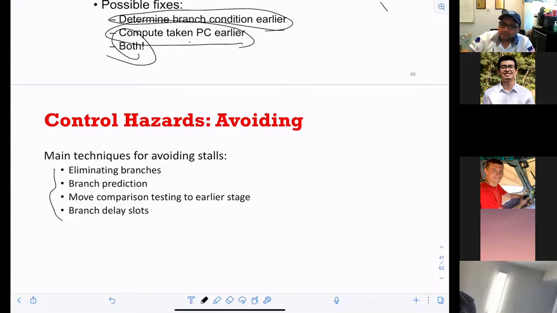The third is moving the comparison early, as doing the whole initialization as Mark was talking about, or you delay a portion of the slots, not the whole entire instruction. So those 4 techniques are the best to avoid stalling while you are fixing the control hazard.